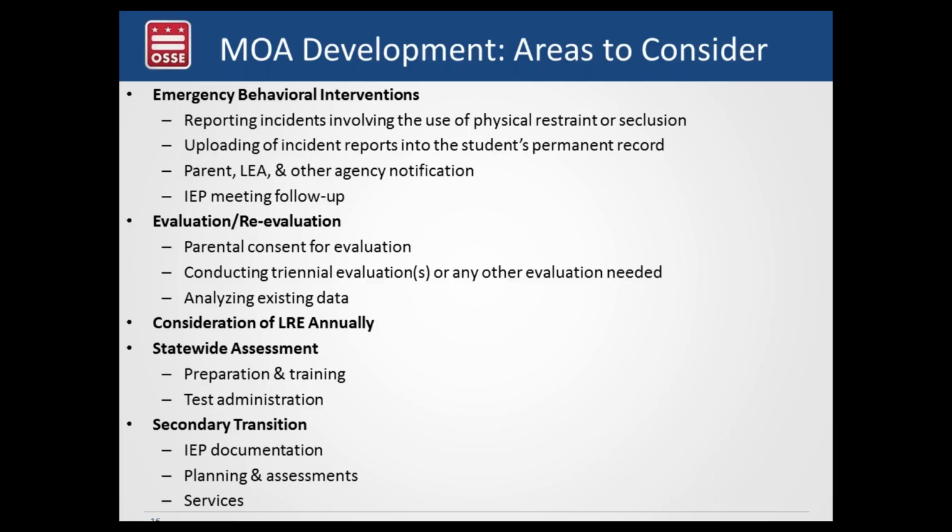And then finally, the IEP meeting follow-up, which requires that for students who have been restrained and who do not have emergency behavioral interventions authorized in their IEP, and who also don't have a BIP, an IEP meeting be convened within 10 days to consider the use of an FBA or a BIP.